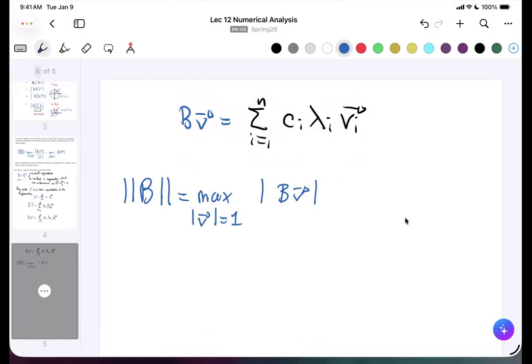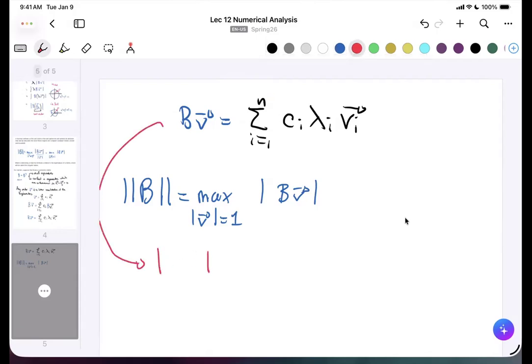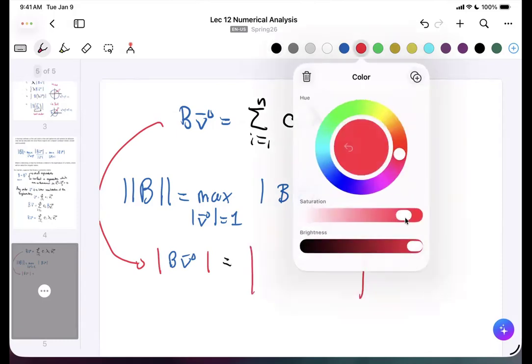But we have this formula for the matrix times any vector v. So what is the length of that vector? Let's think about that. The length of the matrix times the vector is the length of this sum.